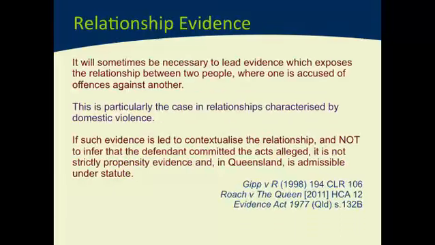Next, I want to talk for a moment about relationship evidence. Sometimes it's necessary to lead evidence about the relationship of two people, particularly where one of those is accused of offences against another. This is particularly the case where you're talking about either sexual offences within a family environment or domestic violence offences. Now, ordinarily we would say that that sort of evidence shouldn't be admitted because evidence of past conduct is just propensity evidence, and unless it meets the O'Keefe test, then we shouldn't be using it.